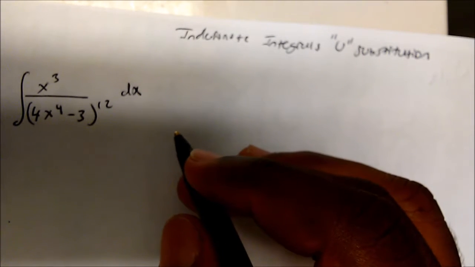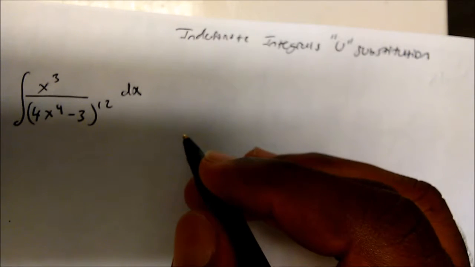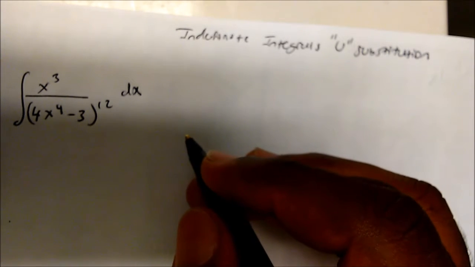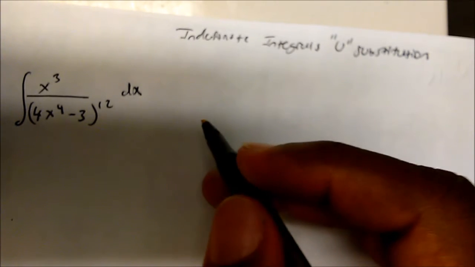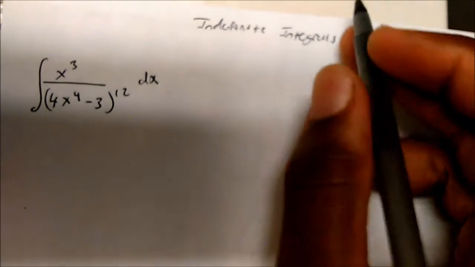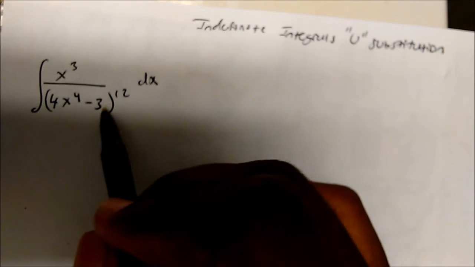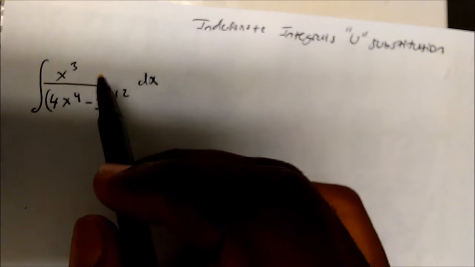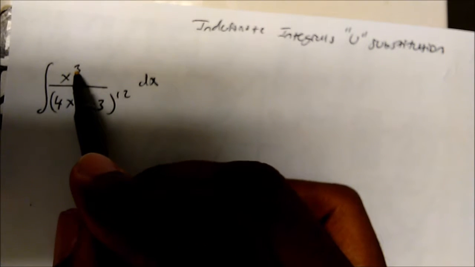What do I mean by that? We could change constants, we can change our derivative, but we can't change our x's. So in this case, what will be my u? Looking at this, I'll make my u equal to 4x to the fourth minus 3, because once I take that derivative, I will have an x cubed, which is here.